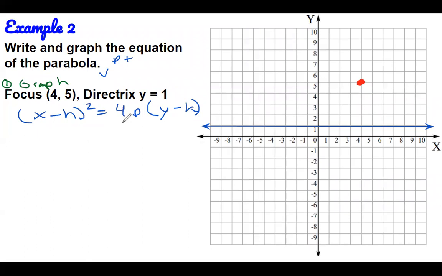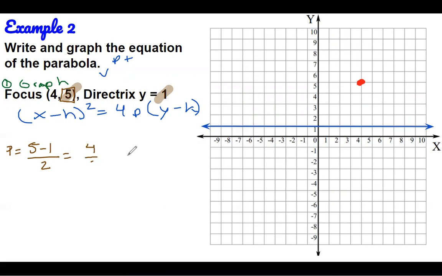Let me do this in brown. p is going to be the y value of the focus and the y value of the directrix. So we have (5 minus 1) over 2. Basically, we're finding the midpoint between those two values. So we have 5 minus 1, 4. 4 divided by 2 is 2. So what does p equal? 2. So check mark, p is found.